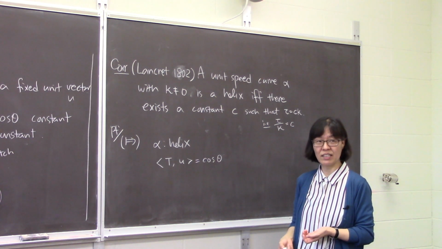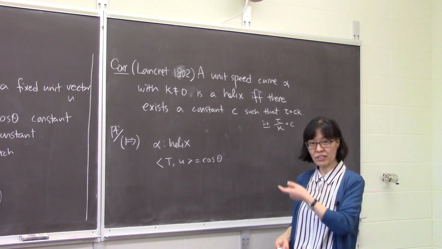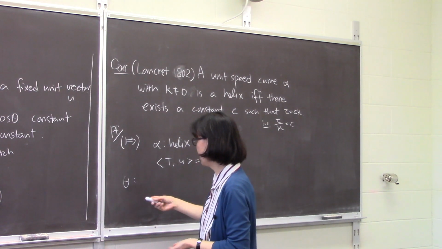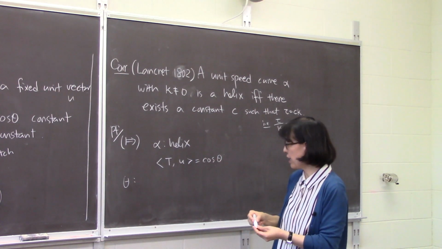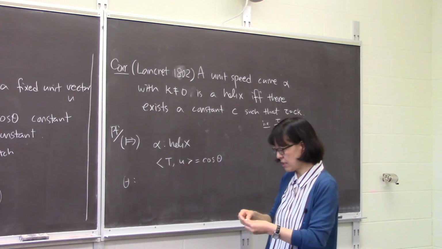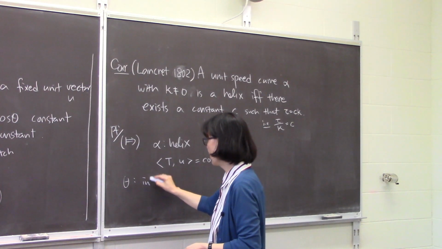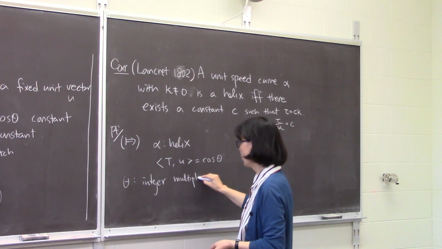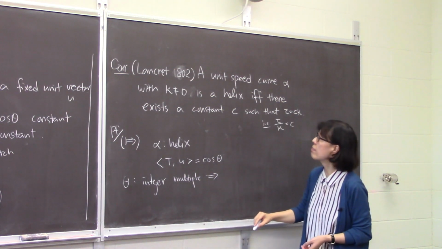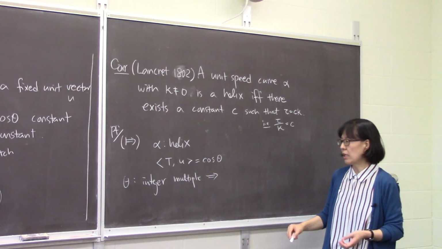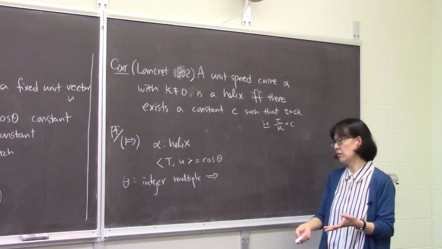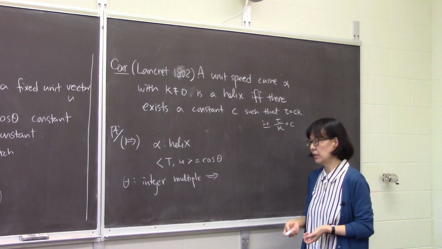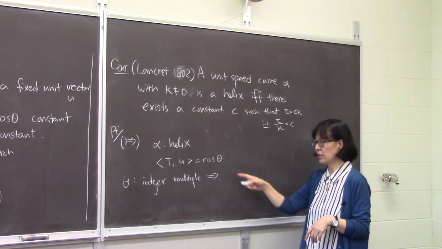Okay? Then here, theta, that angle, what happens if theta is an integer multiple of pi? Let's see what happens. Like pi, 2 pi, negative pi, any integer multiple. Then what happens?